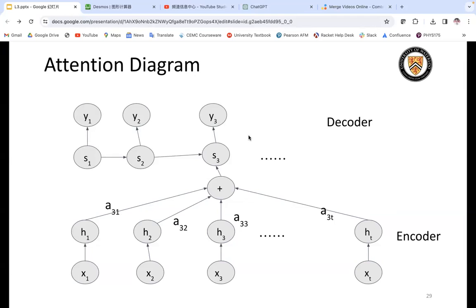Let's say we are computing s3, which is a hidden state for the decoder part. It is simply equal to a weighted average of all the hidden states from h1, h2 all the way to hT. And we have the weights a31, a32, all the way to a3T.